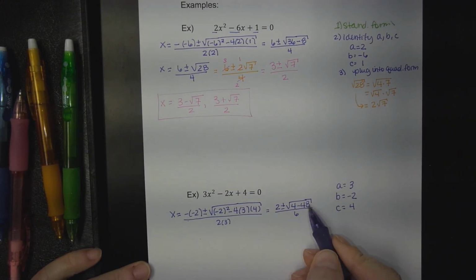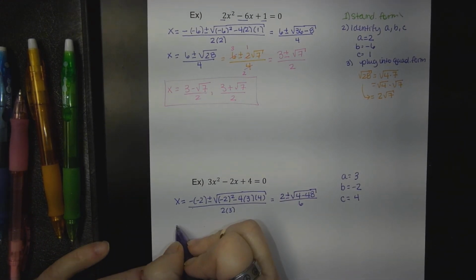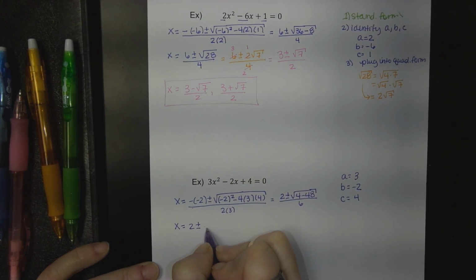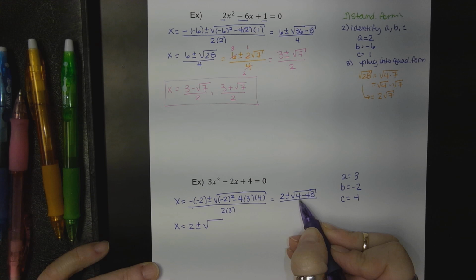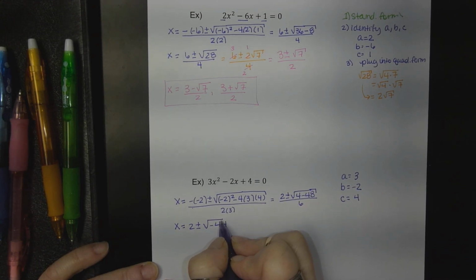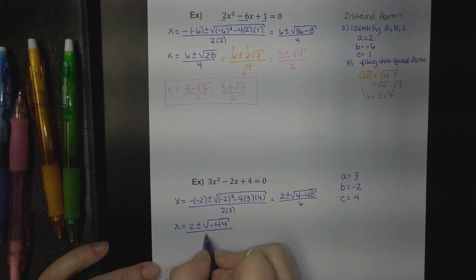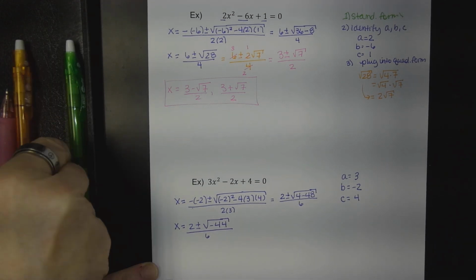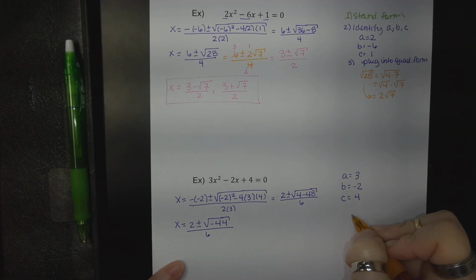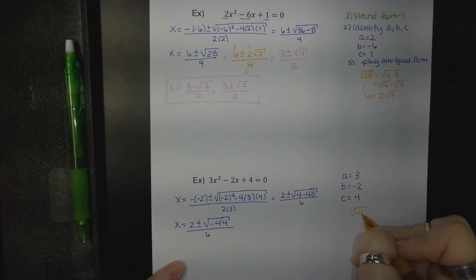So now let's do the math on our radicand. X equals 2 plus or minus the square root of 4 minus negative 48, which is going to give us a negative 44, all over 6. Let's jump over here and simplify our radicand again. We have a negative 44.